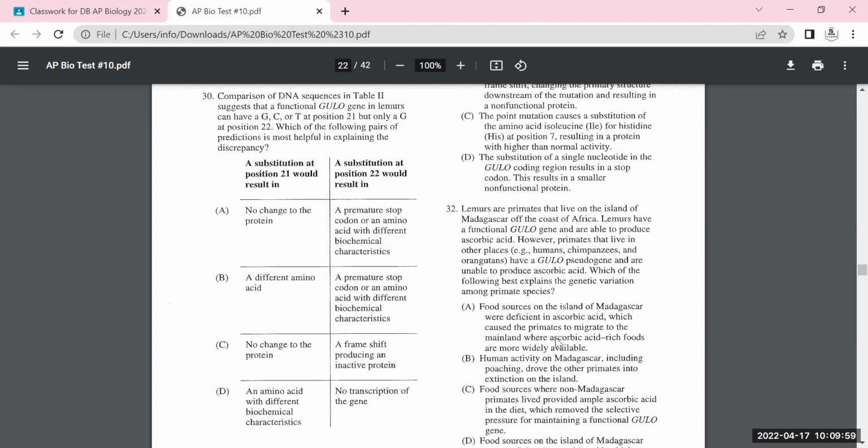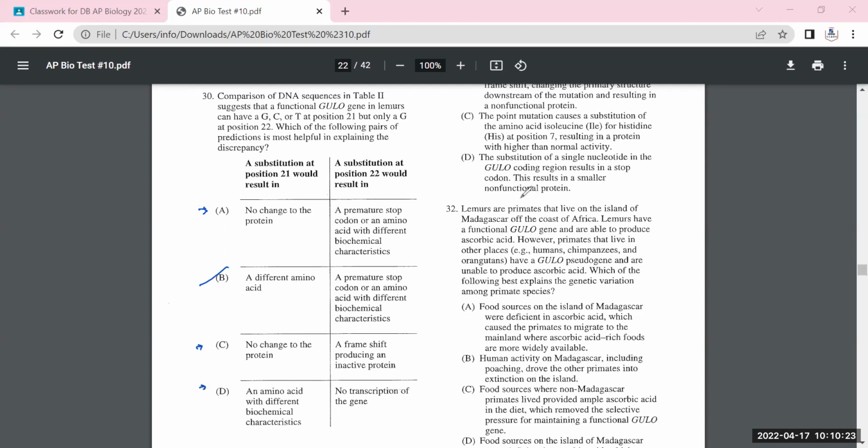Substitution at position 21, basically you have no change, right? Is it possible that you get a different amino acid? Maybe. Possible, right? Part 2.